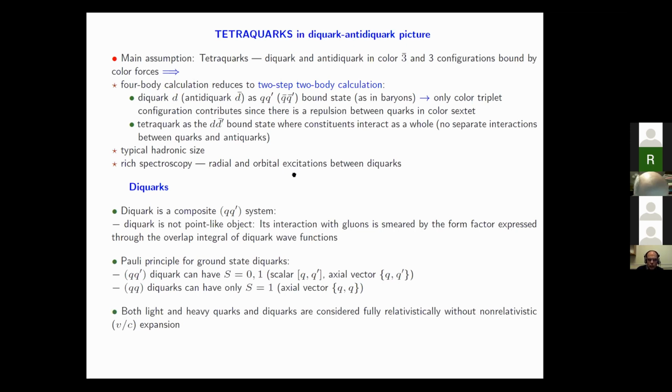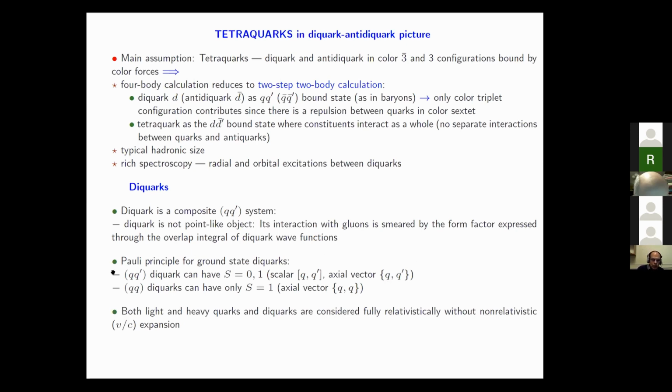So a diquark is not a point-like object. It's important to take into account its size, and this can be done through the introduction and calculation of the form factor of the gluon-diquark interaction. And this form factor can be expressed through the overlap integral of diquark wave functions.